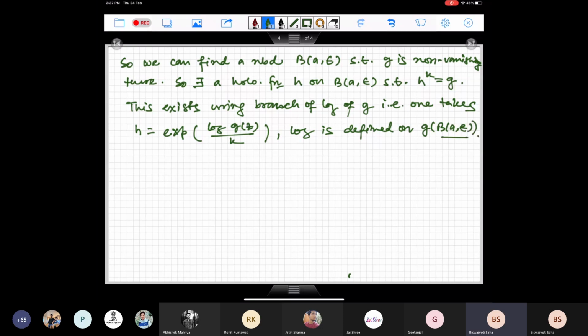Whatever branch you like to choose, on B(a, epsilon) g is non-zero, staying away from 0, so we can take some branch of logarithm.